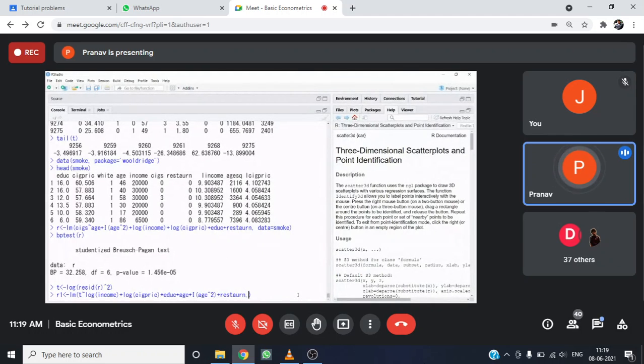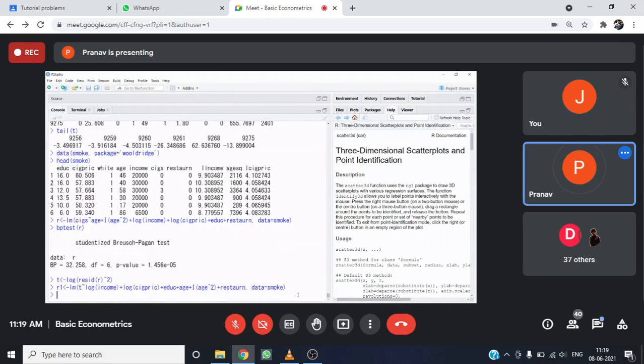Again, data should be small. This is R1, which gives the regression of log of squared residuals on the variables. Now the weight will be the reciprocal of the expected values of fitted R1.